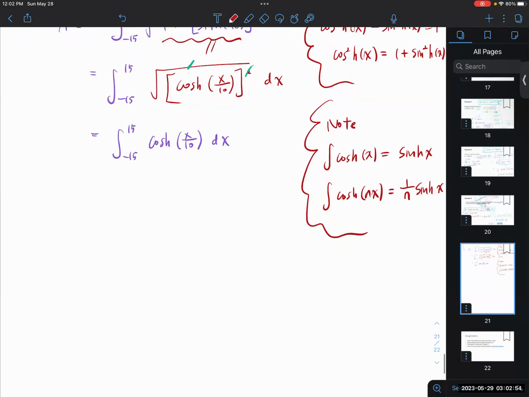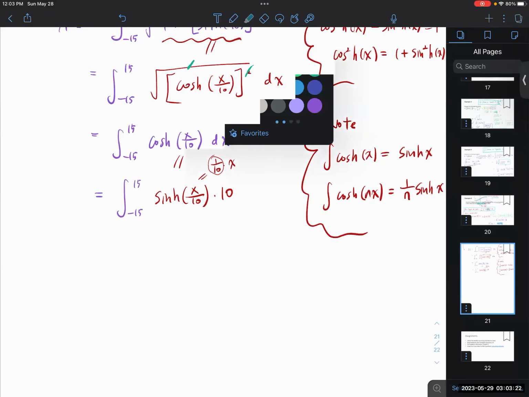So because of that reason, this is going to be sinh x over 10. And then that 1 over n is a constant. This is 1 over 10 times x. This is n. You're going to flip over. You're going to multiply 10 outside right there. Am I correct? And then you're going to take the integral, negative 15, positive 15.